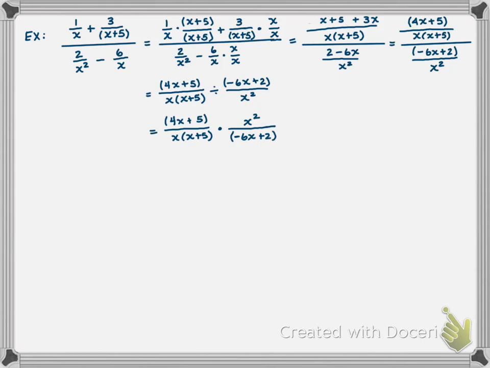So now we want to factor everybody and simplify. So 4x plus 5 doesn't have any common factors, and it's linear, so there's no exponents, which means that can't be factored anymore.